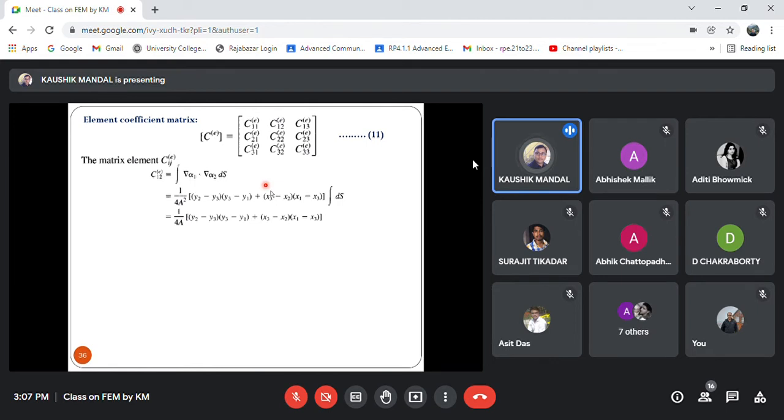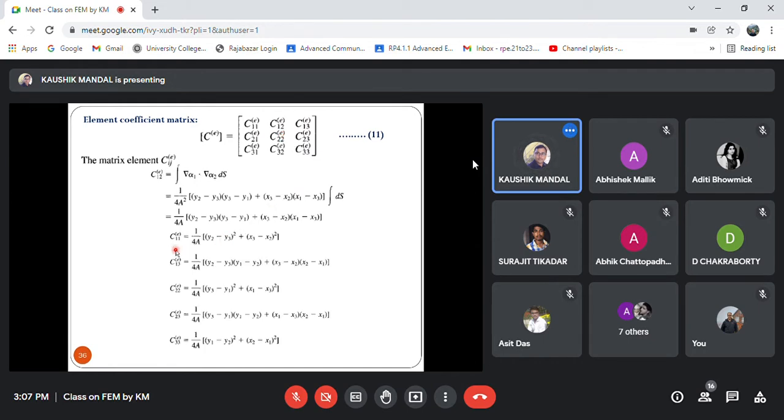From that, you can easily find this value, and in the integration there will be only ds. ds is the area of the element, so the integration of ds is nothing but A. So 1 by A, and this is squared, 1 by A squared, and one A will cancel out, so there will be only 1 by 4A. In that way, you can find the coefficient of each and every element of the coefficient matrix, whether it is C11 or C12 or C13.